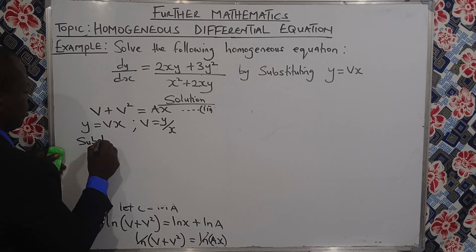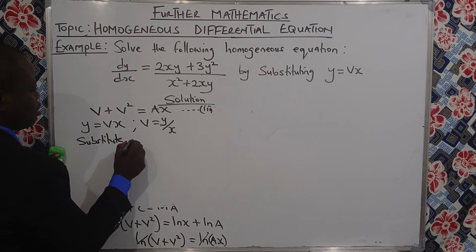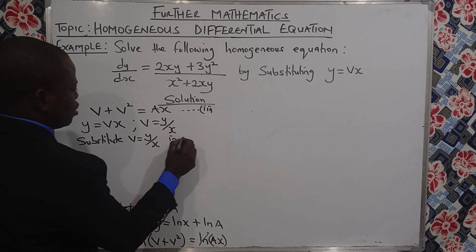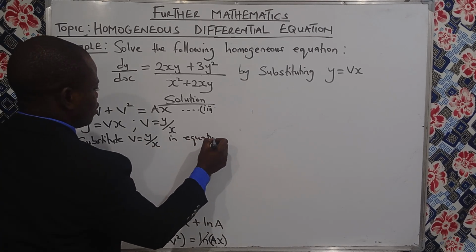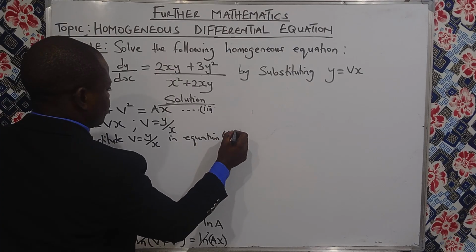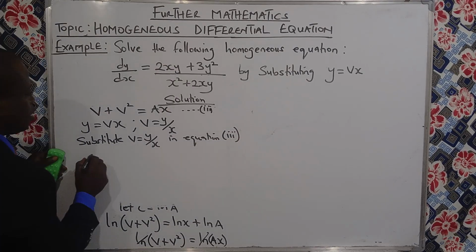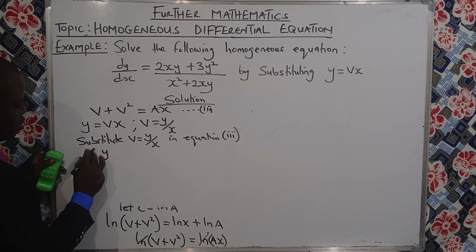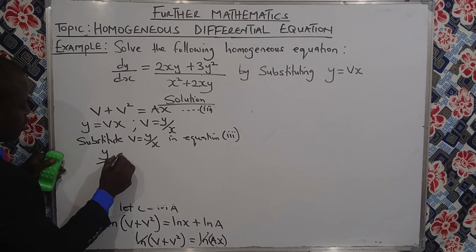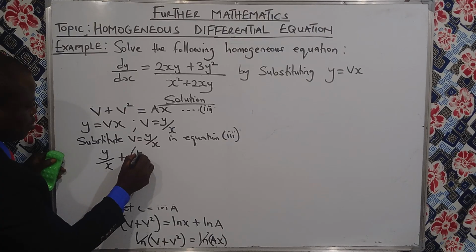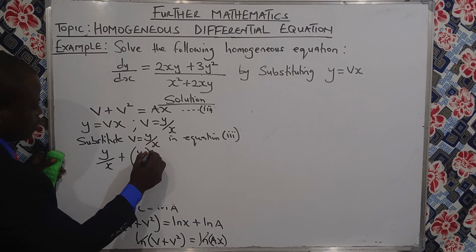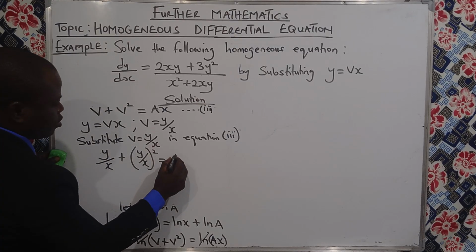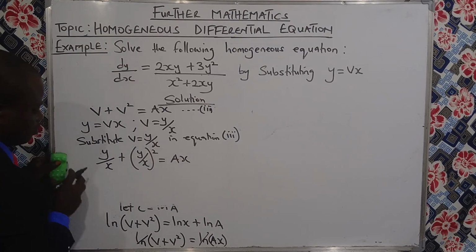Substitute v equals y over x in equation 3. Now I have y over x plus y over x squared, because v is squared here, equals ax.